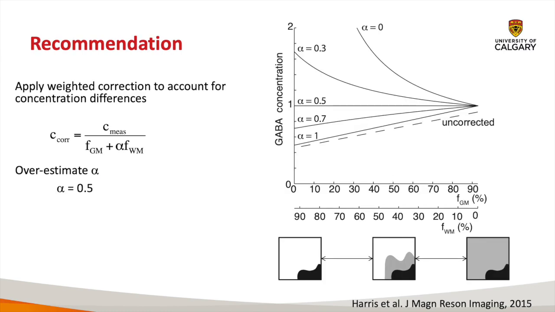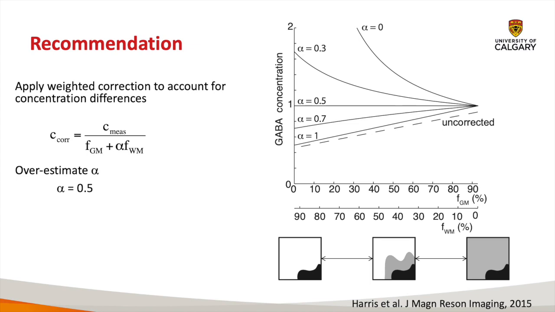So then we ran some simulations in order to figure out whether it is better to overestimate or underestimate alpha, and what kind of range we have. Without getting into the minutiae too much, the way these simulations were set up is that if you use the alpha correction that is equal to the underlying ratio of alpha, then the line is flat, as shown here at the 0.5 range.